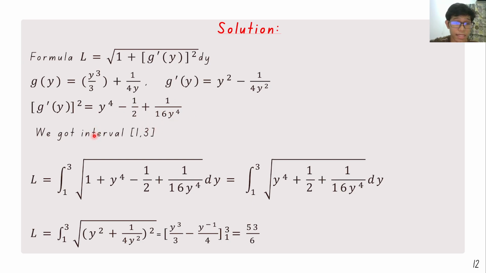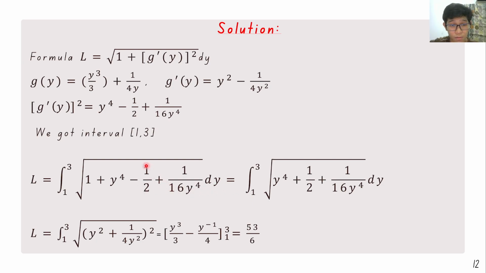And we know that we got the interval 1 to 3. So for the arc length, we just have to substitute the data that we got. We can see that L is equal to the integral from 1 to 3 of the square root of 1 plus y to the 4 minus 1 over 2 plus 1 over 16 y to the 4 dy.